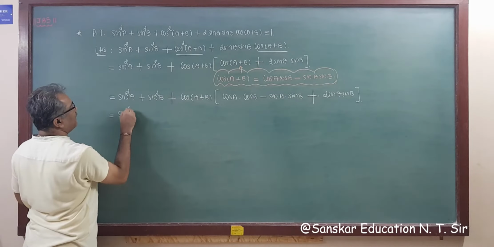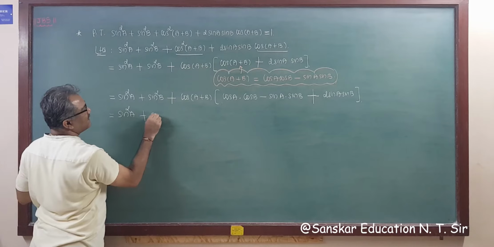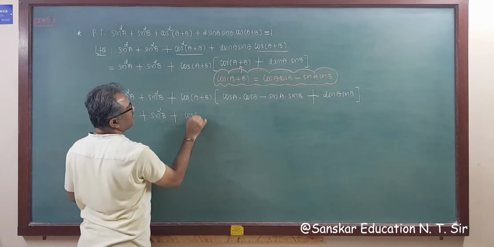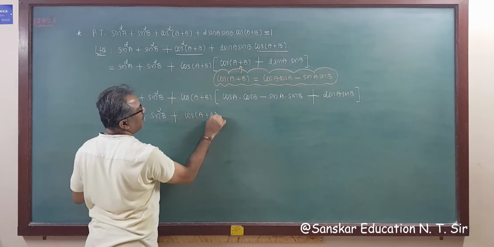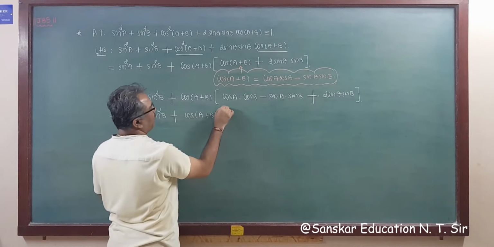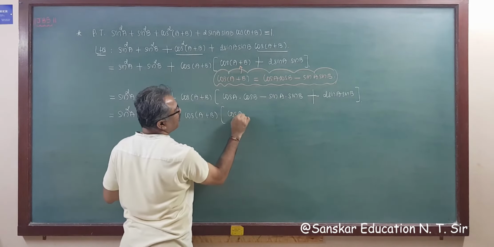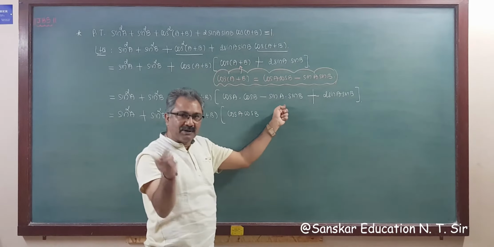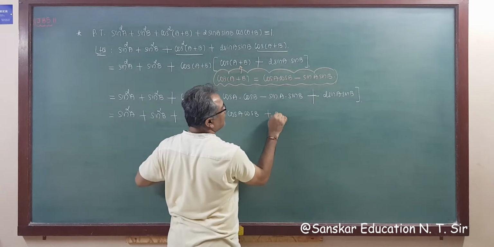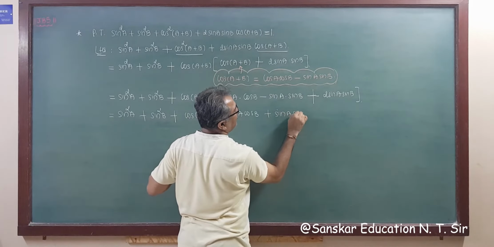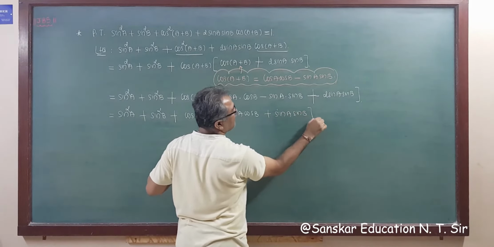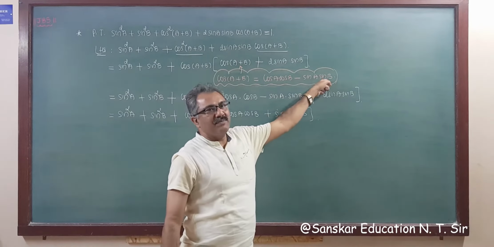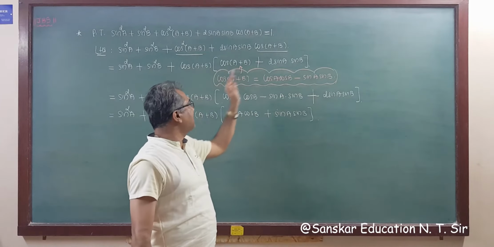So what we get here? Sin square a plus sin square b plus this is cos(a plus b), right? Now this is cos a cos b. Now 2 minus 1 is plus, so this is plus sin a sin b. Now cos a cos b minus sin a sin b, then the answer is, if this is minus, the answer is plus.